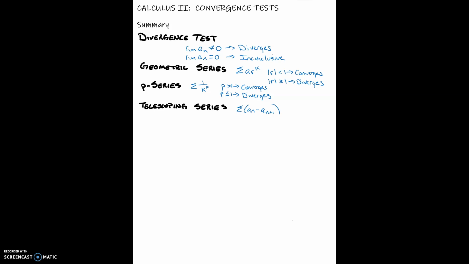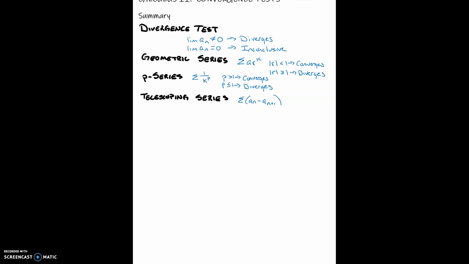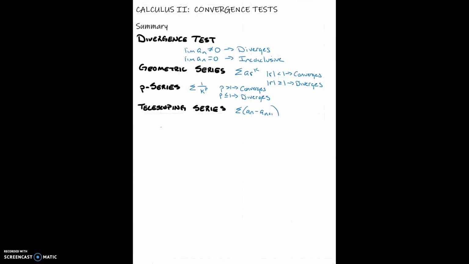Once we've determined that it's telescoping, the idea behind this test is to rewrite the series as a limit of a partial sum.